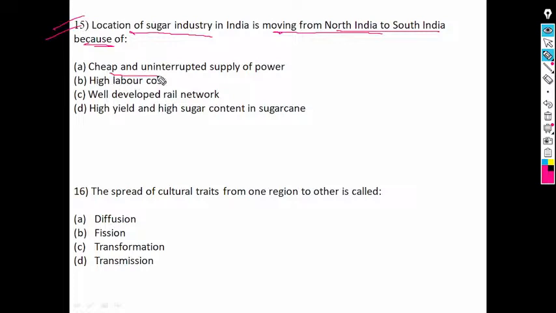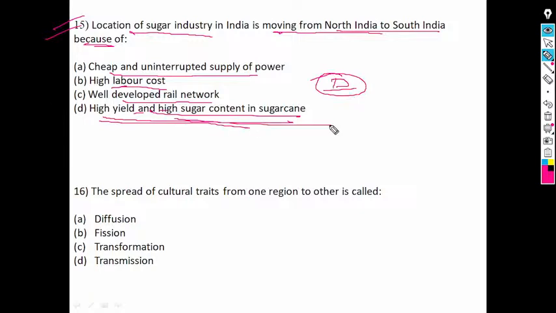Because of cheap and uninterrupted supply of water, high labor cost in North India, a well developed rail network in South India, high yield and high sugar content in sugar cane. The answer is D, high yield and high sugar content. I will explain this one.